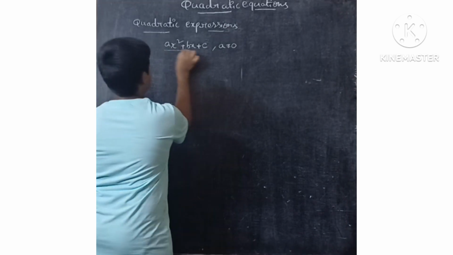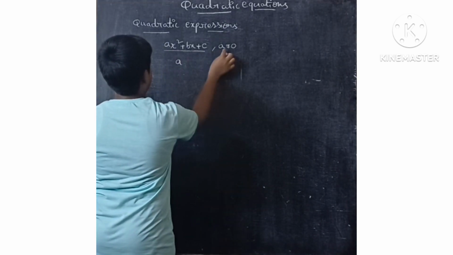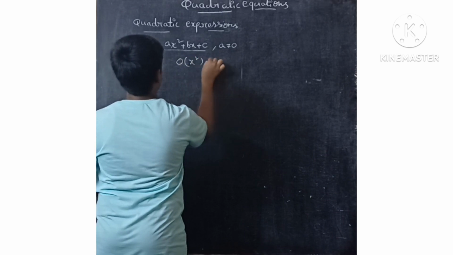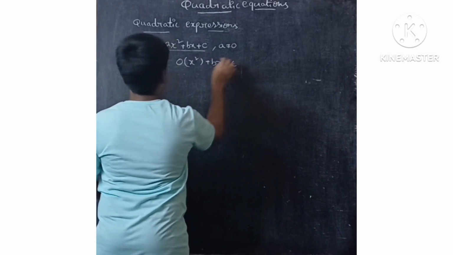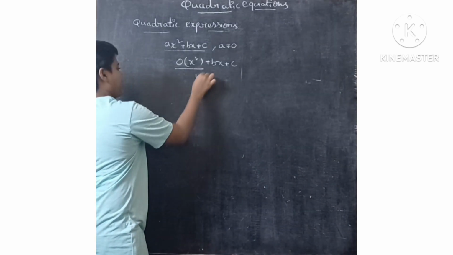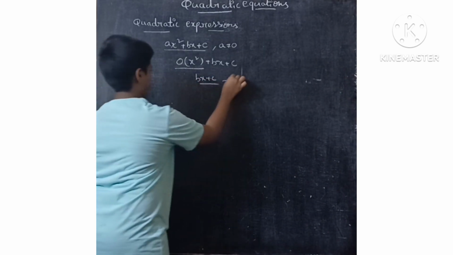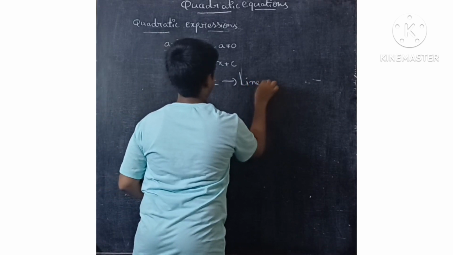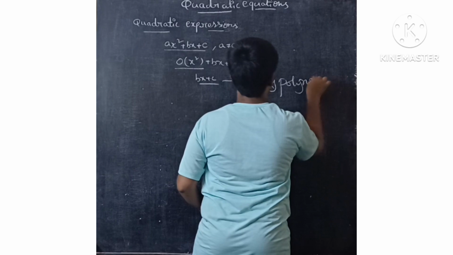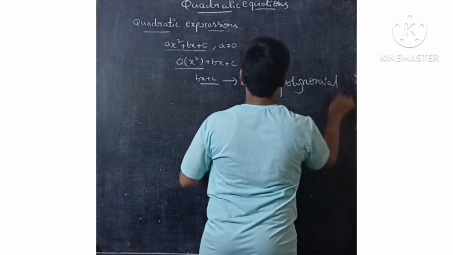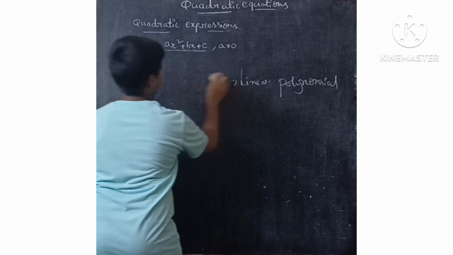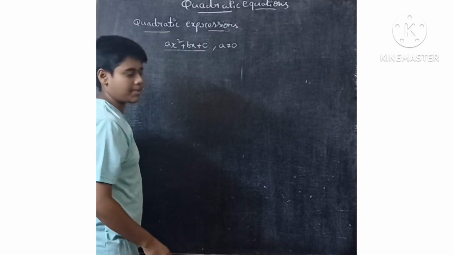In this expression, if a equals 0, which means 0 into x square plus bx plus c, this whole term will be 0 and the remaining is bx plus c. So this is a linear polynomial. So that's why a is not equal to 0. Okay. And this is the example if a equals 0 in an expression.